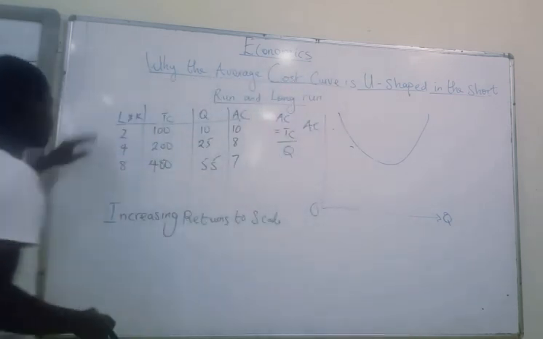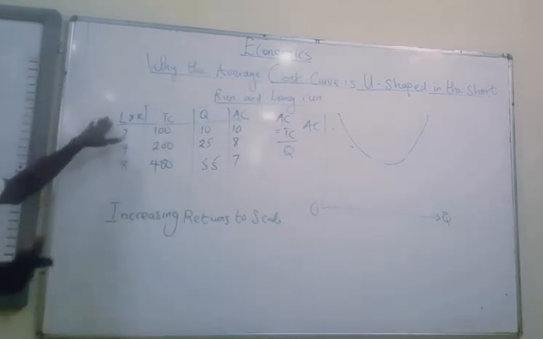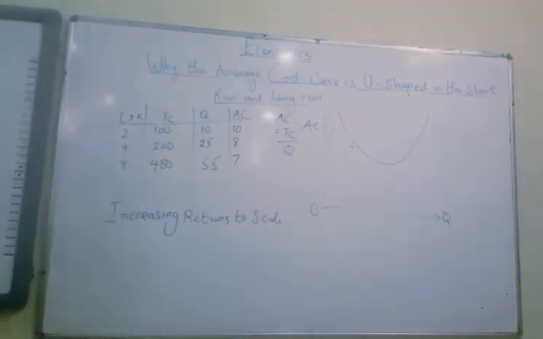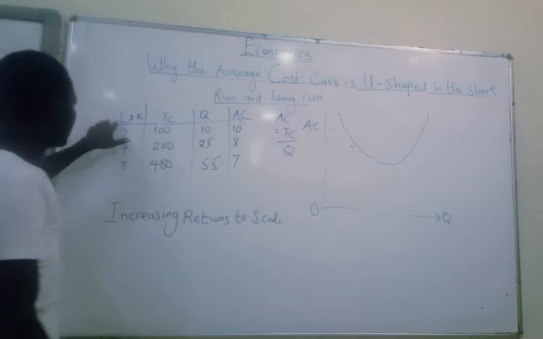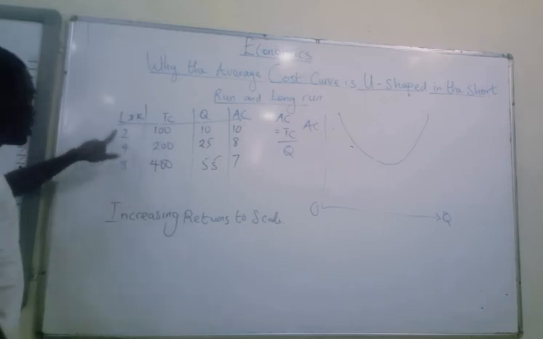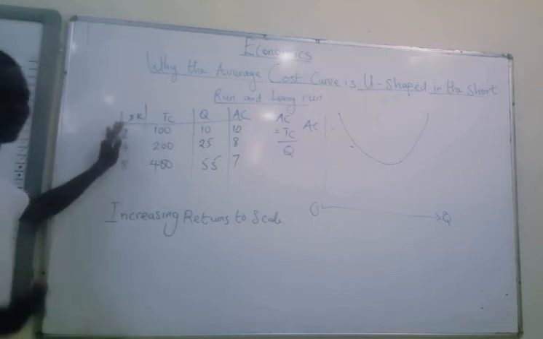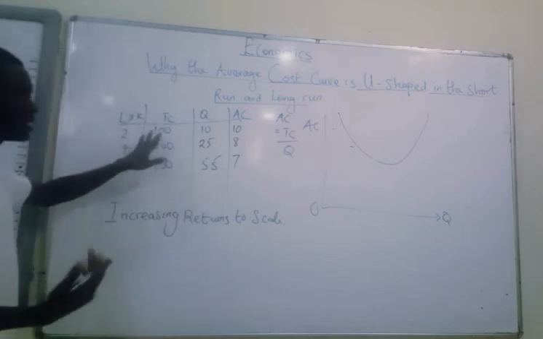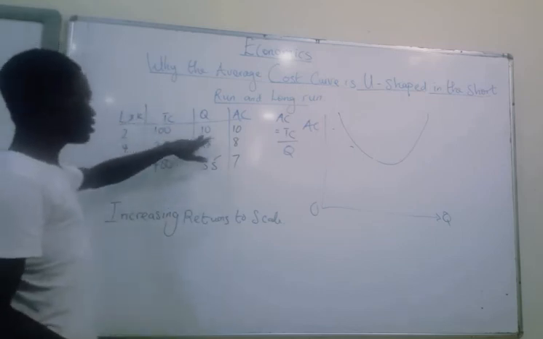We are using them in the same proportion: 1, 1, 2, 2, and so on. The very first point is where we use 1 unit of labor and 1 unit of capital, so we have 2 here. Since we assume 50 naira as the price of each, total cost is 100, that is 50 times 2, and the output produced is 10.